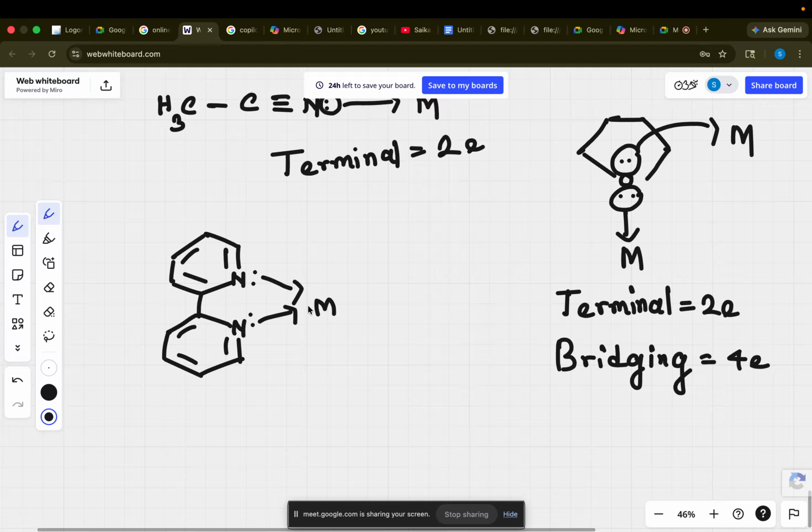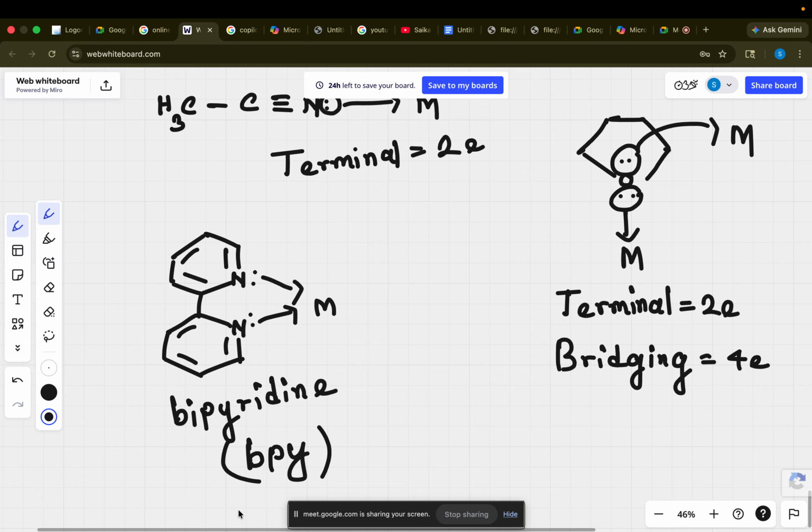Dipyridyl. Bipyridine. This is also known as BPY. This one ring, if I write only one ring, that is your pyridine, right? So two pyridine rings are there: bipyridine, BPY.